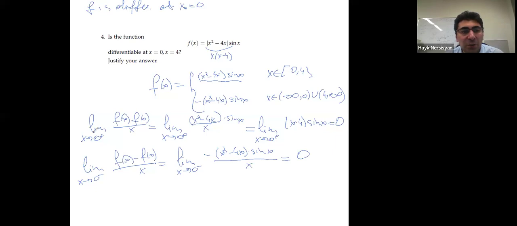Now let's check whether this function is differentiable at 4 or not. So we should adopt our previous proof by considering the limit at point 4. Okay, let's see what we get. Limit at 4, so 4 right side, 4 left side. At point 4, the value of our function is still 0, f of 4 is again 0.